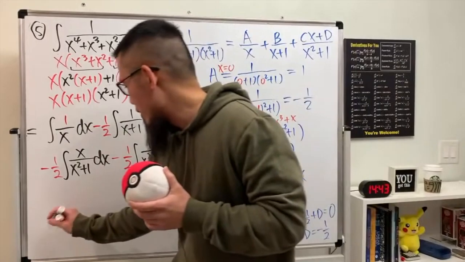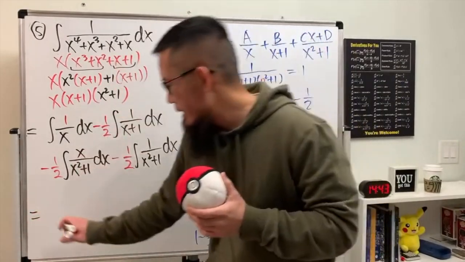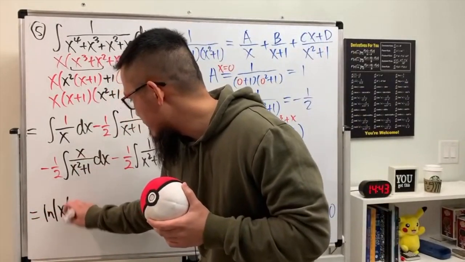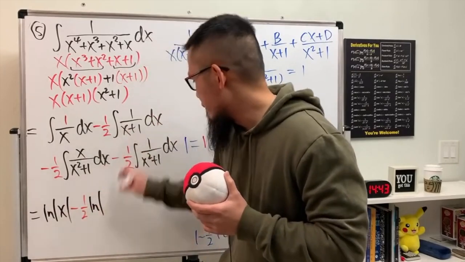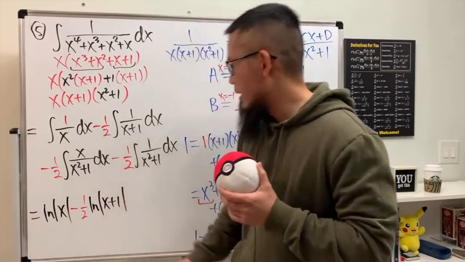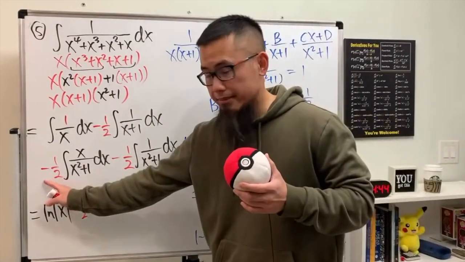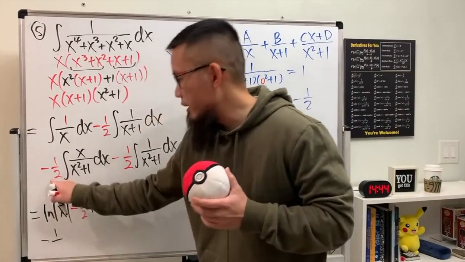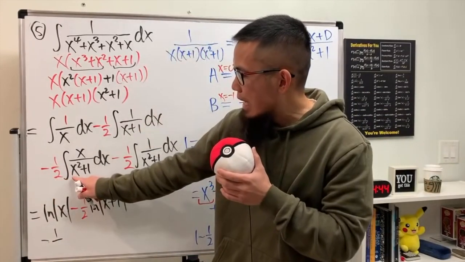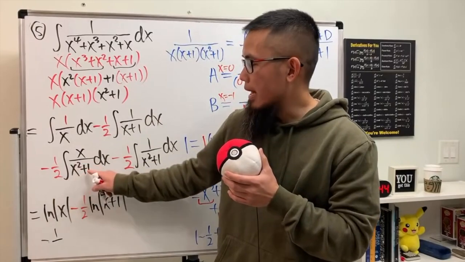Let's just go ahead and integrate everybody. First one, natural log absolute value of x. Second one, minus 1/2. Again, natural log absolute value of this guy. Right? So again, this is negative 1 over 2 originally, but because you do the u-sub, you will be x squared plus 1.